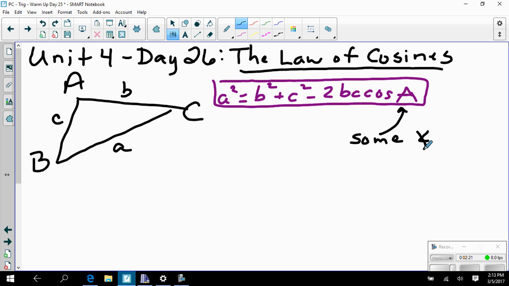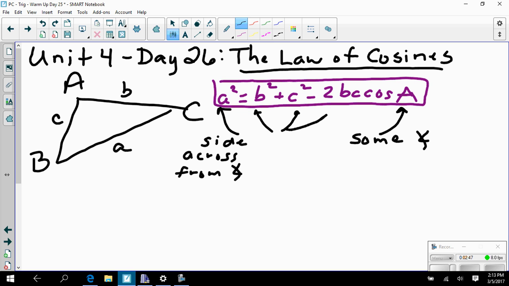It doesn't have to be A. That's just an example. But since this is little a and this is big A, this has to be the side across from the angle. So whatever angle you use over here, you have to use the side across from it and put that over here. Now b and c, which are the same in all those spots, are just the other two sides. In other words, it's the sides that aren't across from that angle.